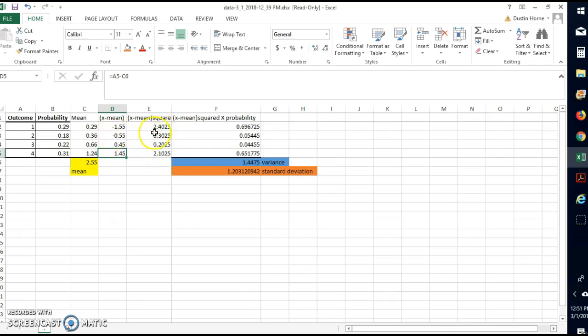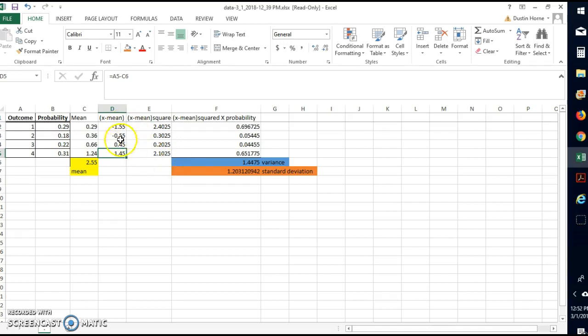Okay, now you could have done all of this at once. You could have taken 1 minus 2.55 and got this and squared it. Squaring it is raising it to the second power or multiplying it by itself. So negative 1.55 squared, or negative 1.55 times negative 1.55. So I did this for each one of these.